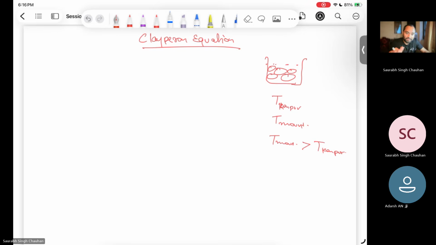But if you go to the mountains, the maximum temperature at which you can keep your water is reduced, because the boiling temperature is reduced. Maybe it is reduced to 80 or 90 degrees, and then you cannot go beyond that.